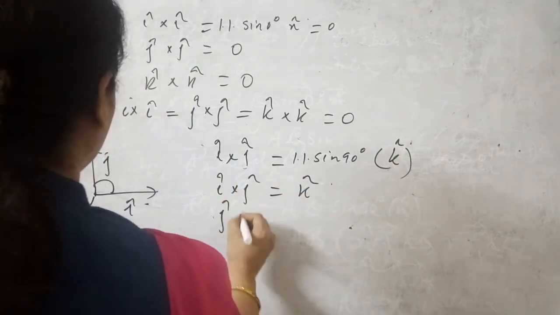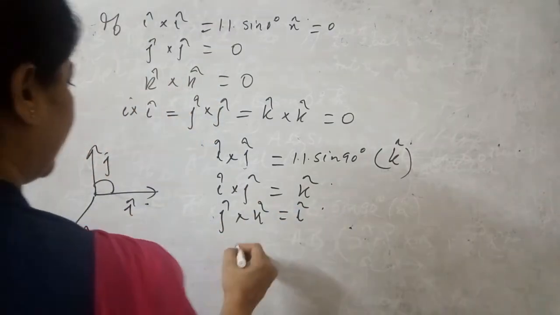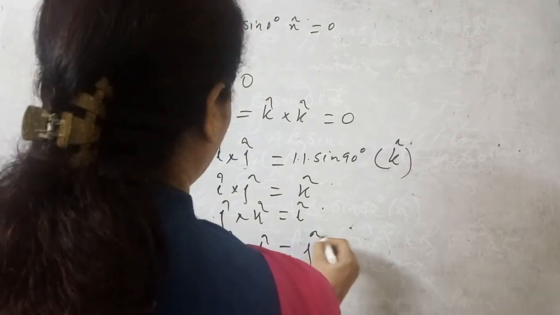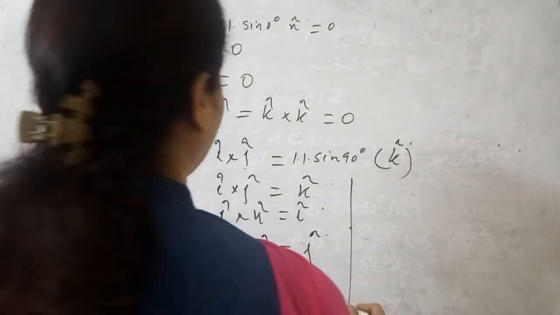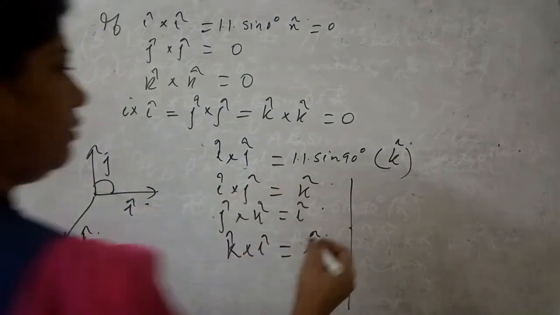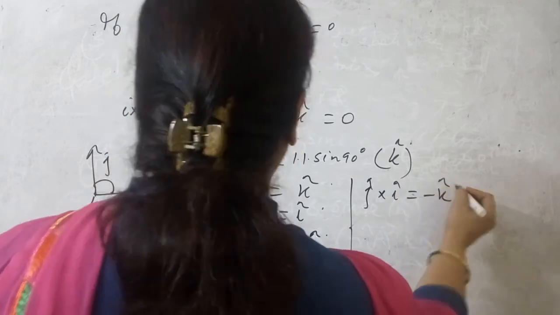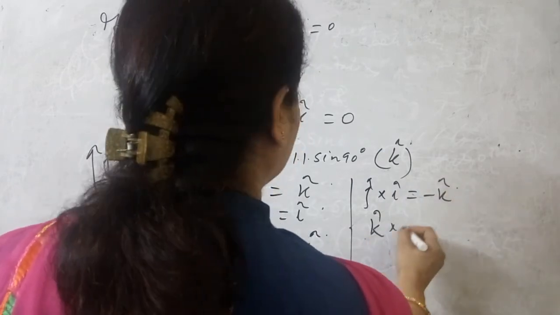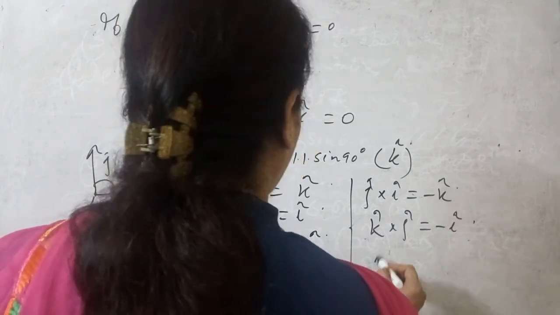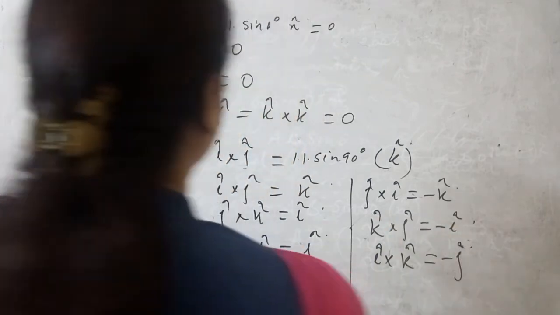J caret cross k caret, we can write I caret, and k caret cross I caret is equal to j caret. Now if we go reverse, like I cross j is k, but if I write j cross I, it is minus k caret. If I write k caret cross j caret is equal to minus I caret, and if I write I caret cross k caret, it is minus j caret.